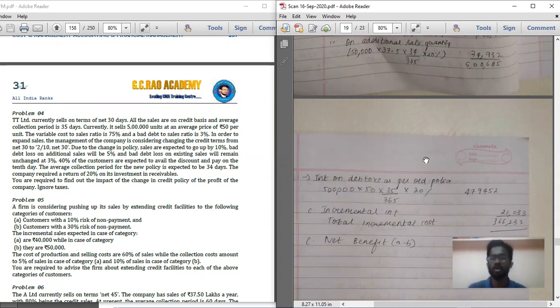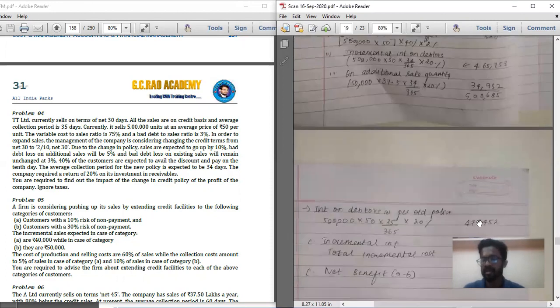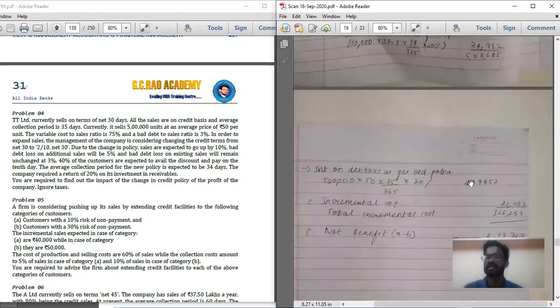So now in the outer amount column, underline it and record incremental cost. Incremental cost, that is 3,66,233. Don't write this, just total. Underline here and record in the outer amount column 3,66,233. That is the incremental cost.